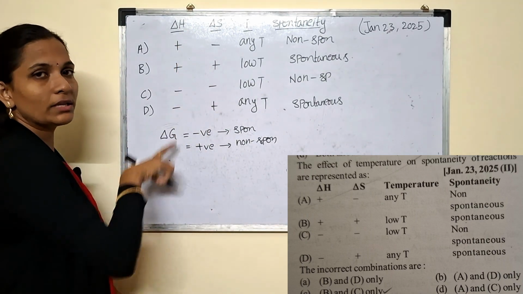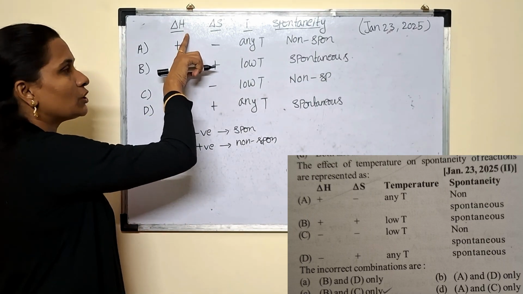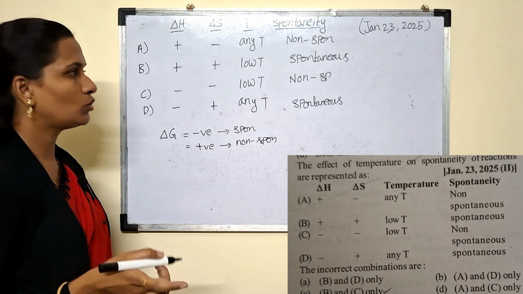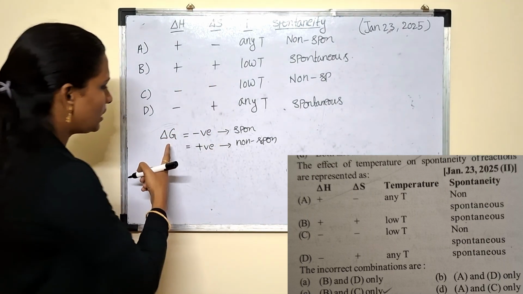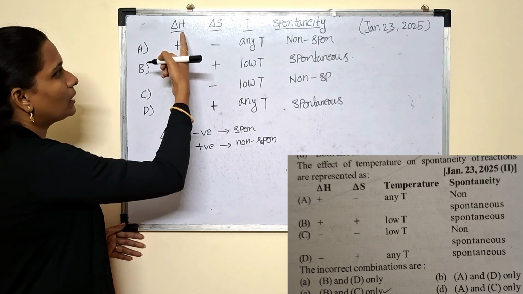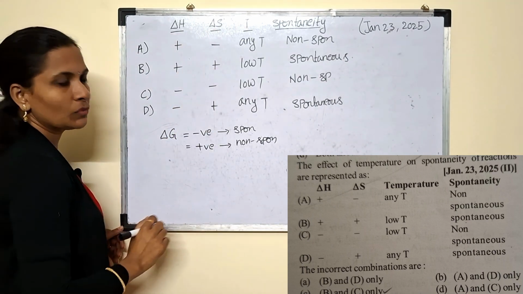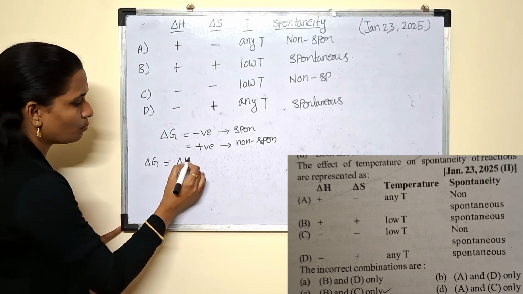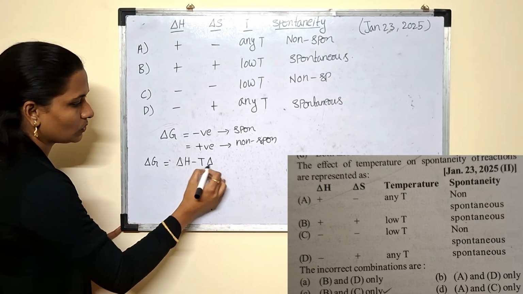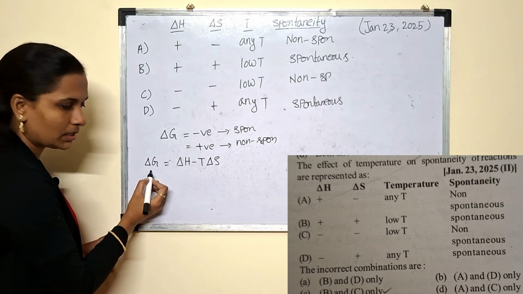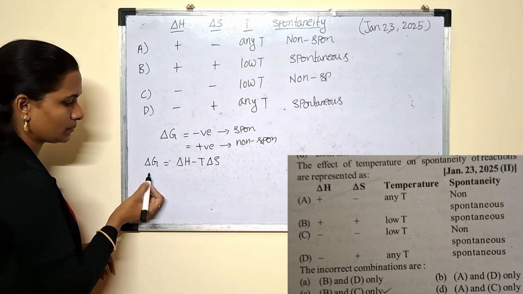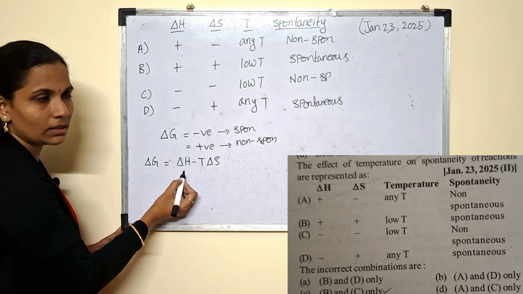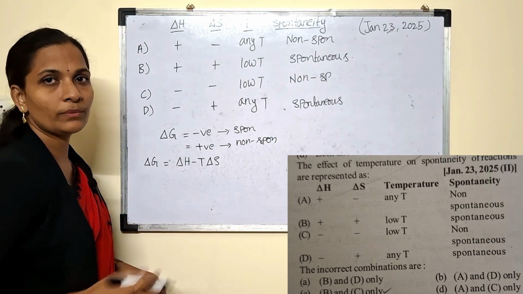But they didn't give the delta G values. They gave the delta H sign, delta S sign, and temperature, that is any temperature or low temperature. So the relationship between delta G, delta H, delta S and T is delta G equals delta H minus T delta S. Here delta G is the Gibbs free energy change, delta H is the enthalpy change, and delta S is the entropy change.